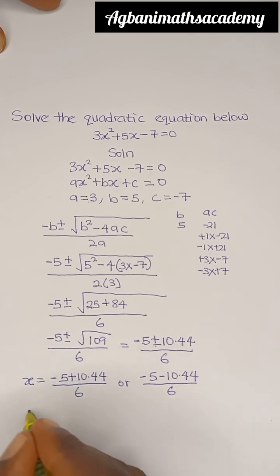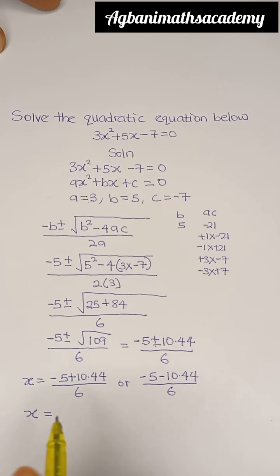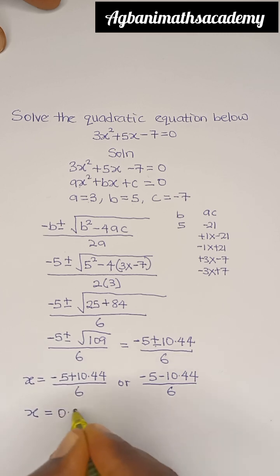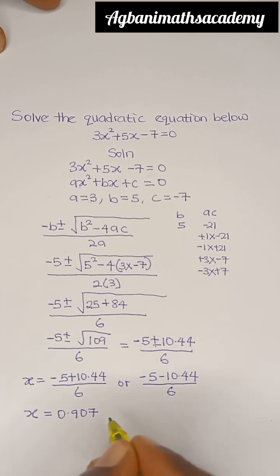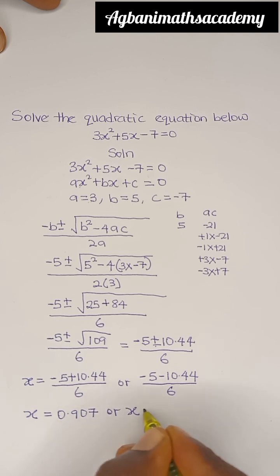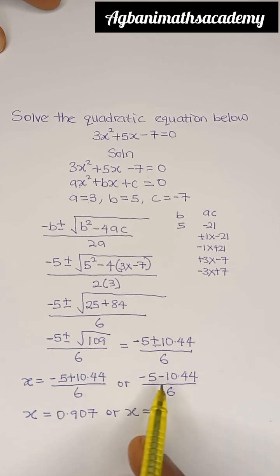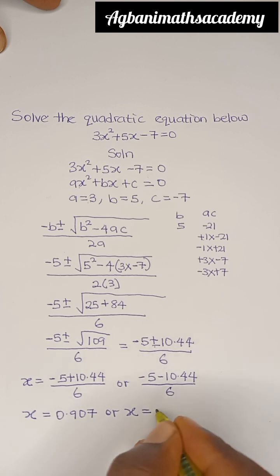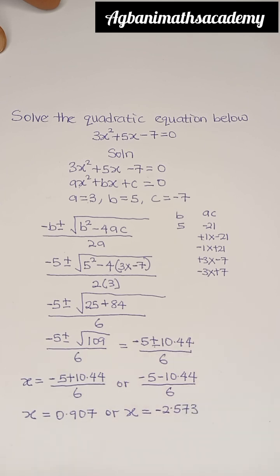Okay, so this will mean x is equal to minus 5 plus 10.44 divided by 6, which is going to give us 0.9907, or x is equal to minus 5 minus 10.44 divided by 6, which is going to give us minus 2.573. So these are the two values of x.